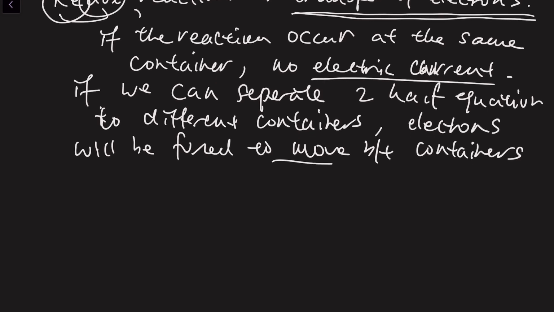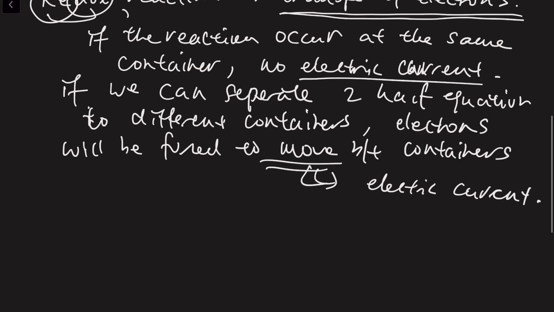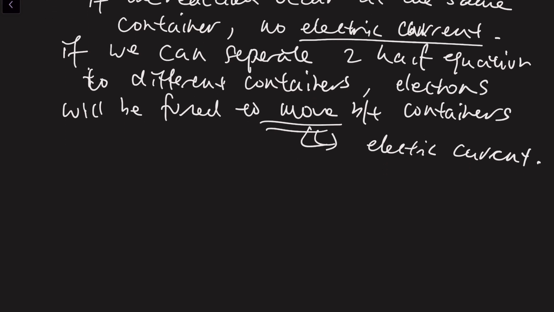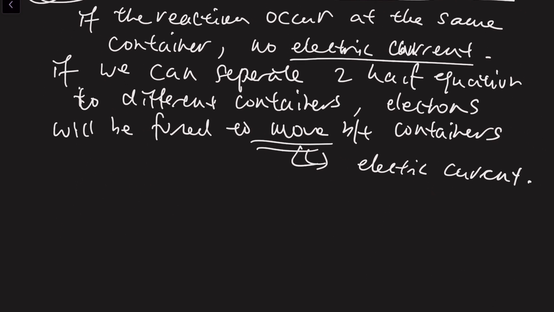And the movement of electrons is precisely what electric current is. So this is how we generate electricity from redox reaction. It's by separating the two half equations into different places and forcing the electrons to move between the containers.